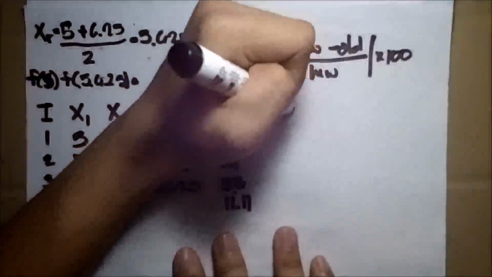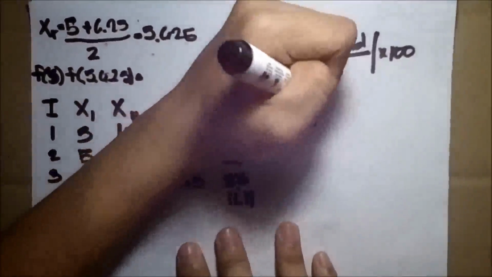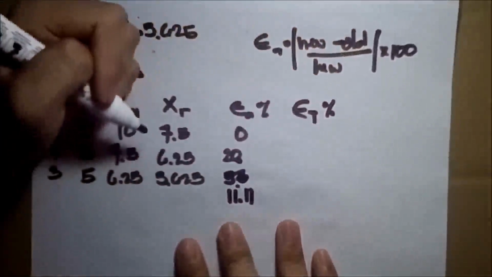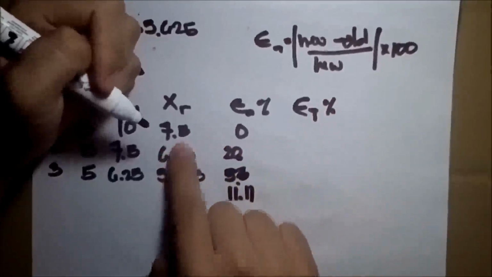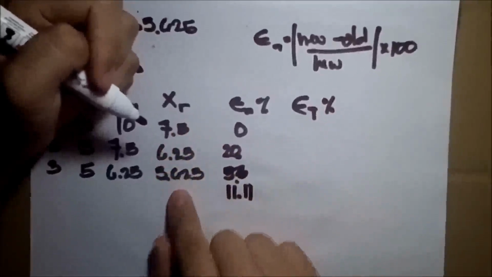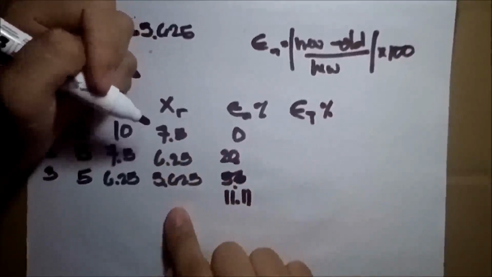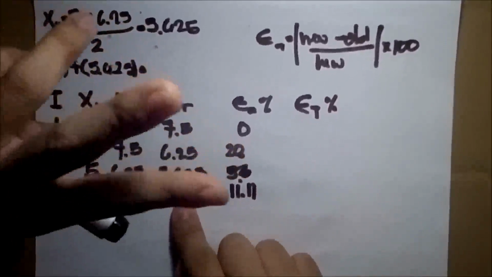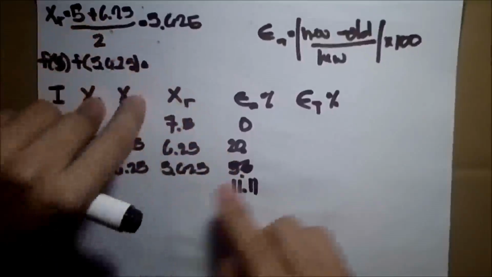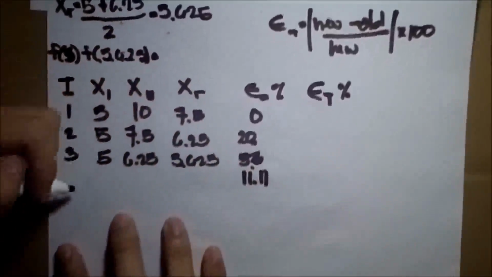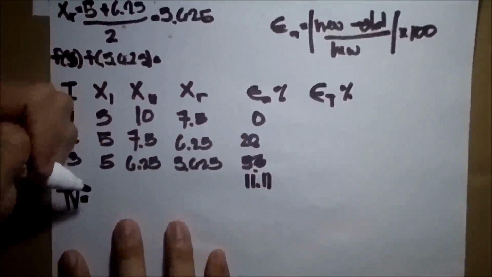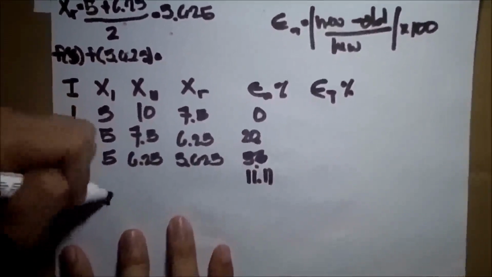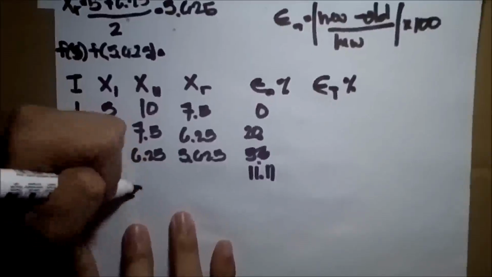In getting the true error, you must subtract the approximate value from the true value, then divide it by the true value. The true value here, the real highest root, is 5.6286.